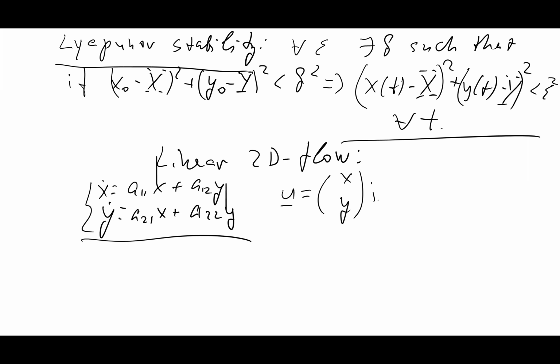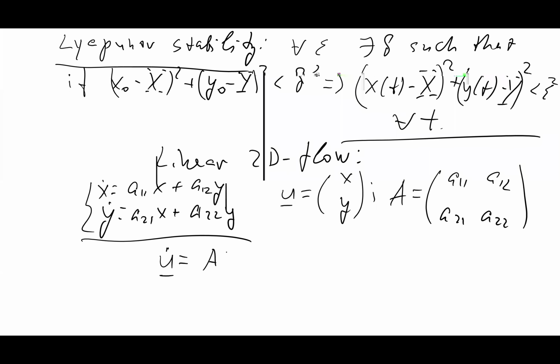We introduce matrix A with entries a11, a12, a21, a22, and therefore our system can be represented like this: U dot equals A times U. So U is a vector here, A is a matrix.